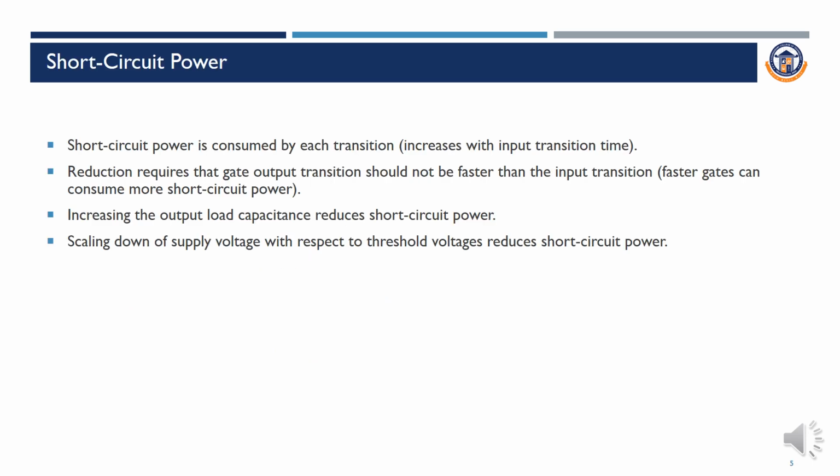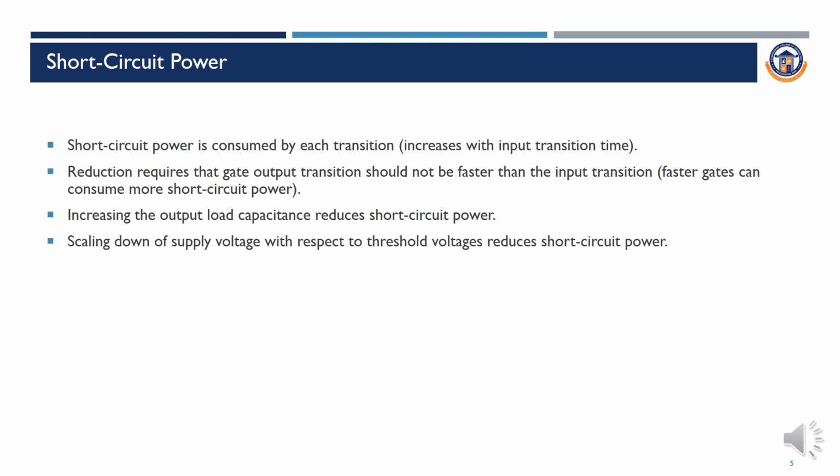The next one is short circuit power. As I told you earlier, the short circuit power is consumed by each transition. It increases with the input transition time. To reduce the short circuit power, the gate output transition should not be faster than the input transition.